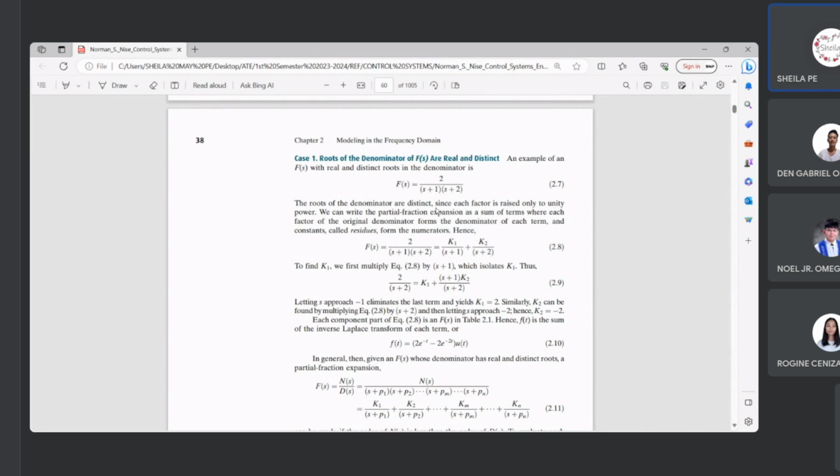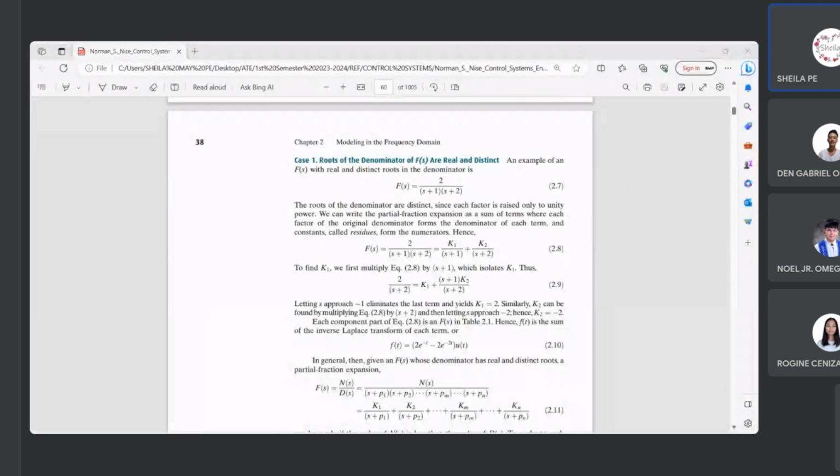For example, dili siya ma-repeated. Okay? For our case 1 class, it's also called the inverse Laplace involving non-repeated simple roots. Okay? So, if we have there, 2 over s plus 1 s plus 2. Hold on.